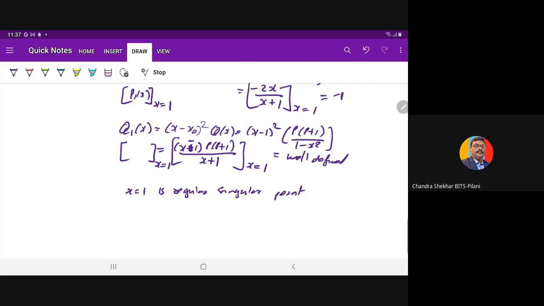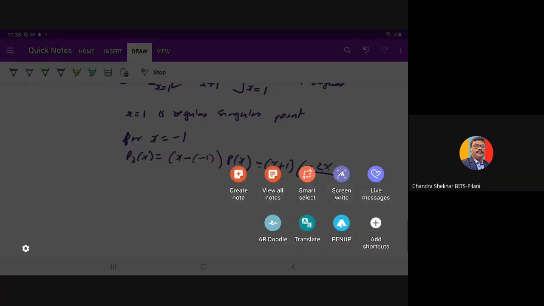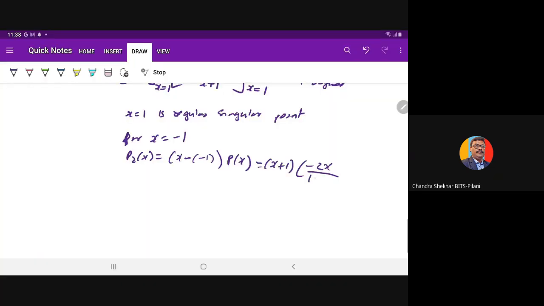In the same fashion, we can check for x = -1. Here we compute another function, say P2(x) = (x - (-1)) P(x), that is (x + 1) times -2x/(1 - x^2), which gives -2x/(1 - x).